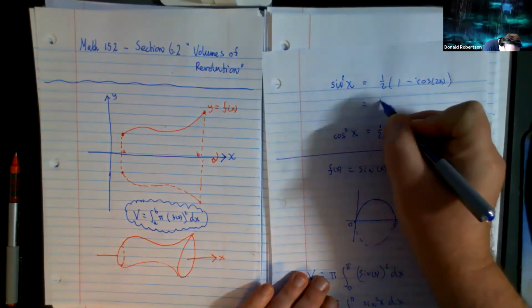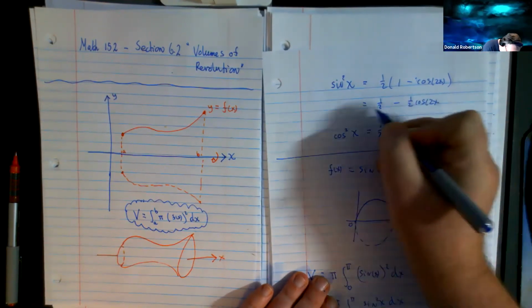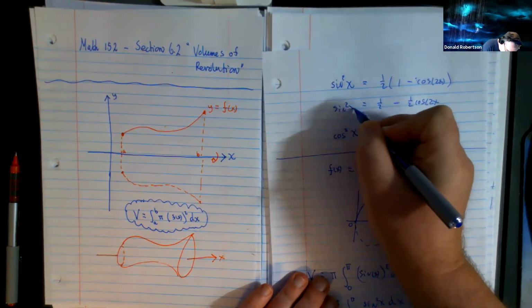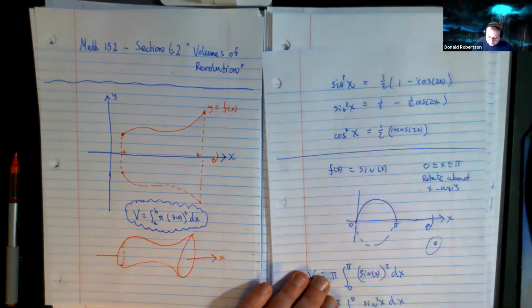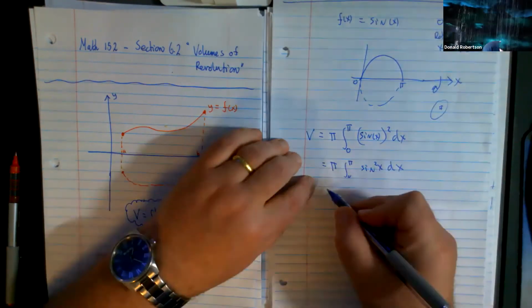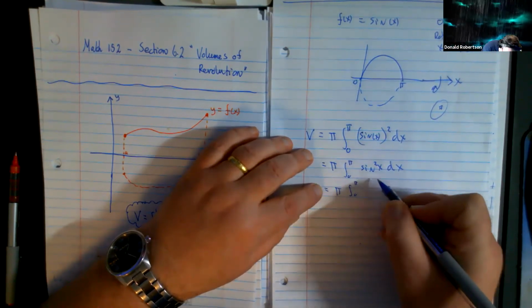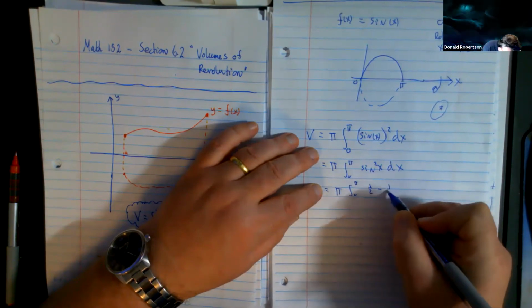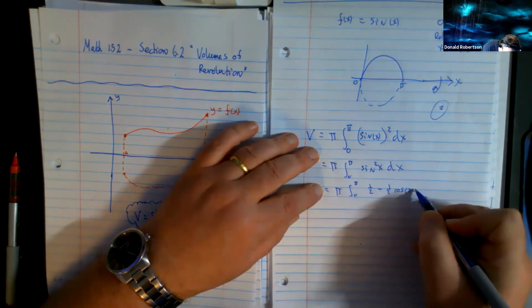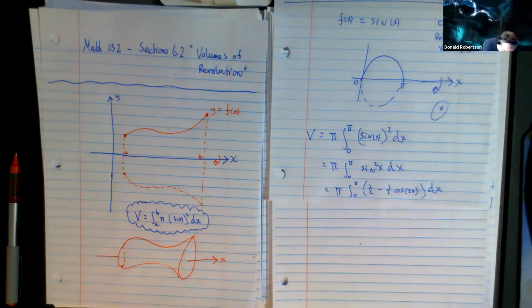If I distribute this, which I should have probably done right at the start, then sine squared x is that guy. So this question now becomes pi instead of sine squared, I'm replacing it by that guy.